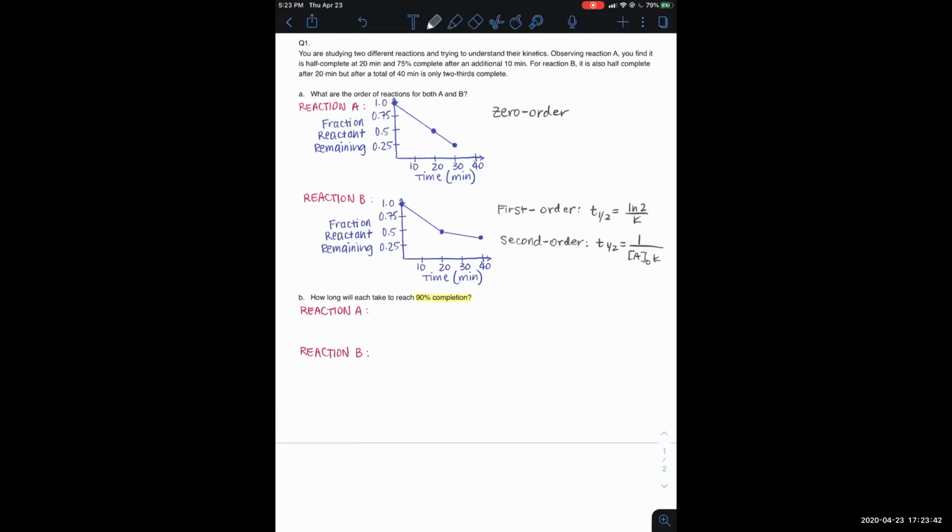So in order to make sure that this is a second-order reaction, we can plug our data points into the half-life equation.